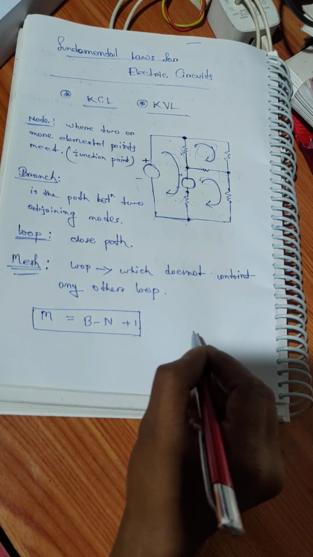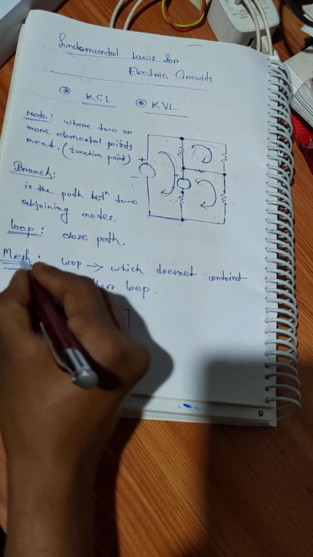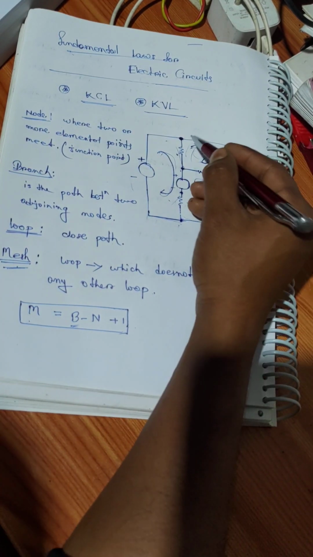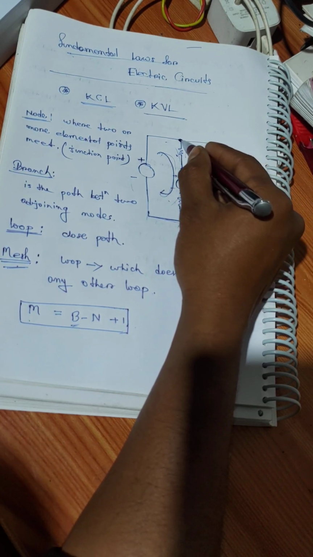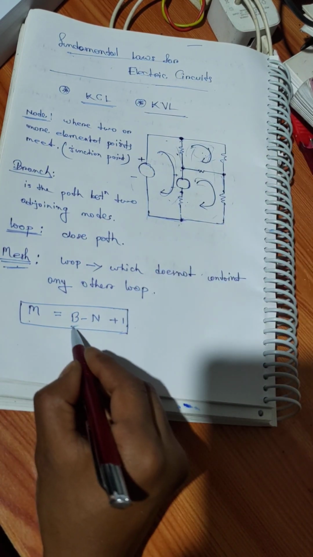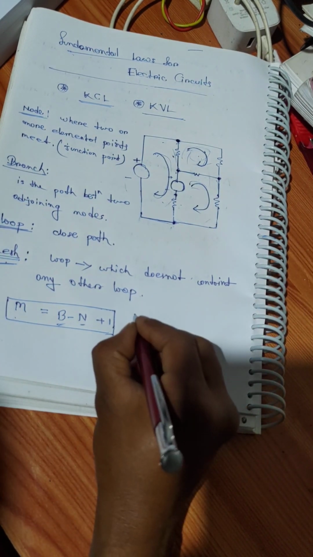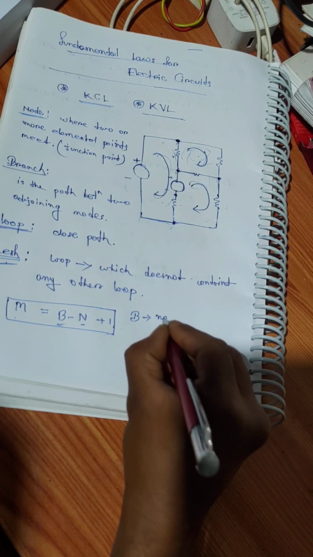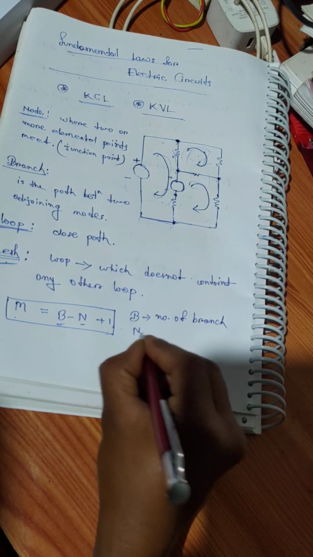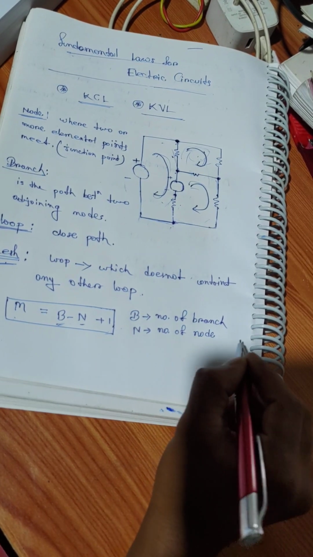M is the number of meshes, b is the number of branches, where a branch is the path between two adjoining nodes, and n is the number of nodes.